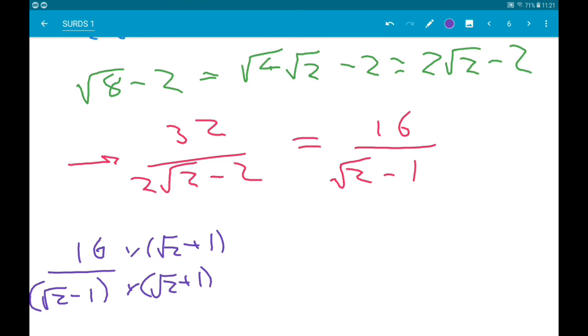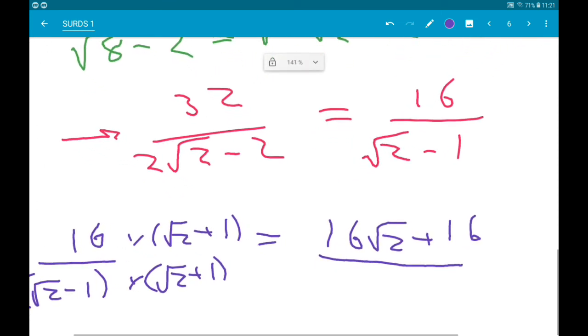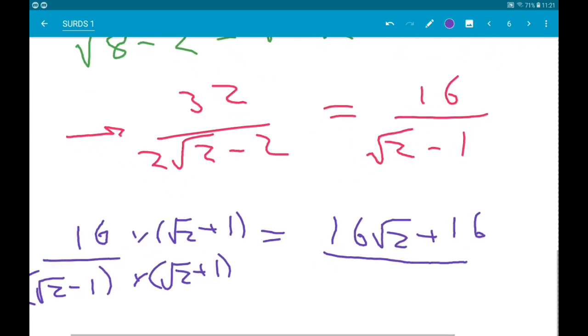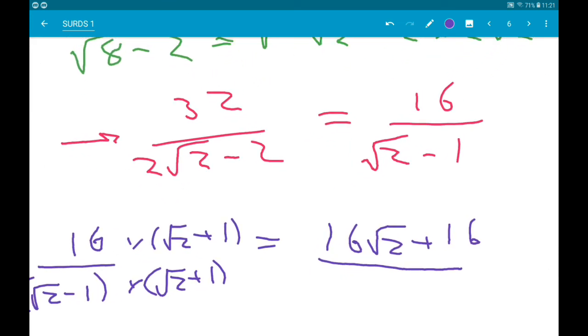So, up on top, we're going to get 16 root 2 add 16. And on the bottom, make sure you can get 2 minus 1.